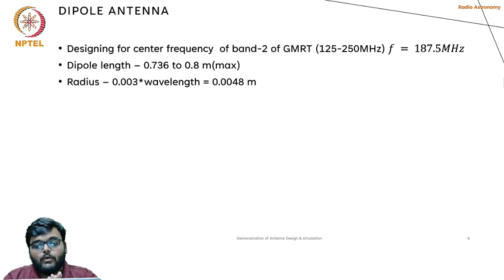We will see how the radius affects the radiation or resonance of the antenna. That comes to around 0.0048 meter. So let's move on to how to design it.